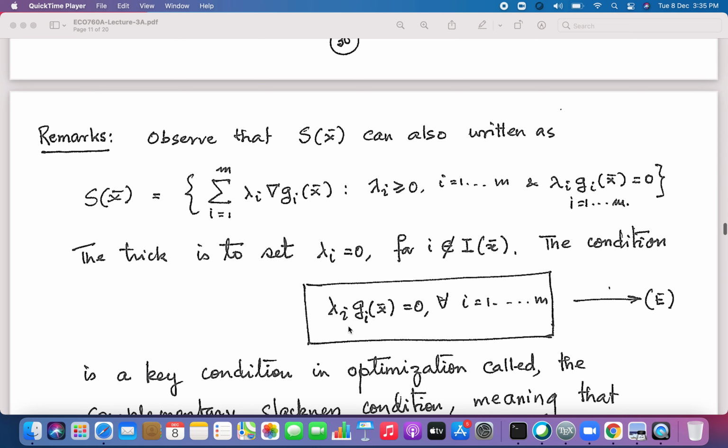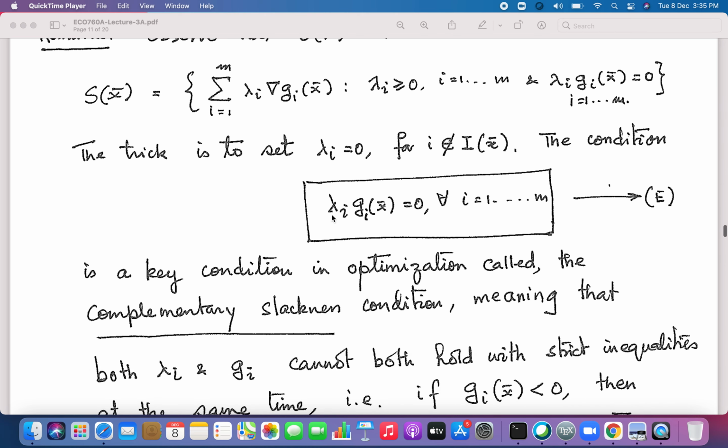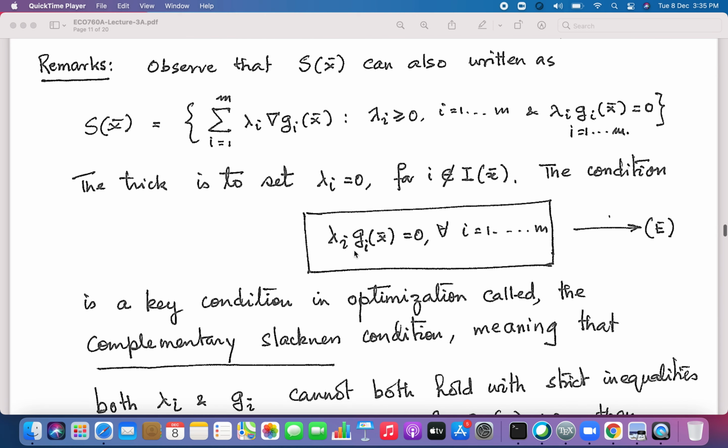Now this condition is very, very important in optimization. It will finally tell you that associated with every minimization problem is a maximization problem, but we will not go into those details. Economists would need such details, because in economics both types of problems can come in. This is called the complementary slackness condition, meaning both lambda i and gi cannot simultaneously hold with strict inequality.